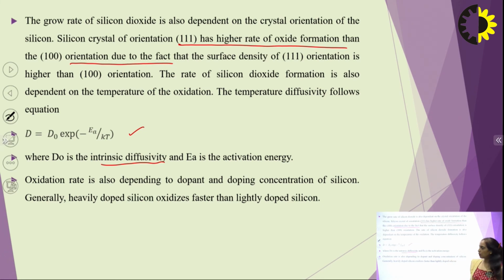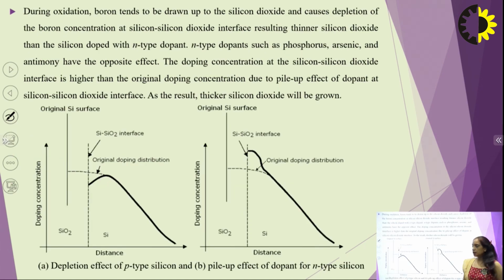Lastly, this diffusion rate is also dependent on dopant and doping concentration of silicon. Generally, the heavily doped silicon will grow the oxide layer very quickly as compared to your lightly doped silicon. So, this graph shows the doping effect of dopants on the oxide layer. During oxidation, your boron tends to draw upon to the silicon dioxide and cause the depletion of the boron concentration at the silicon dioxide interface, which results in thinner silicon dioxide layer when your silicon is p-type doped.